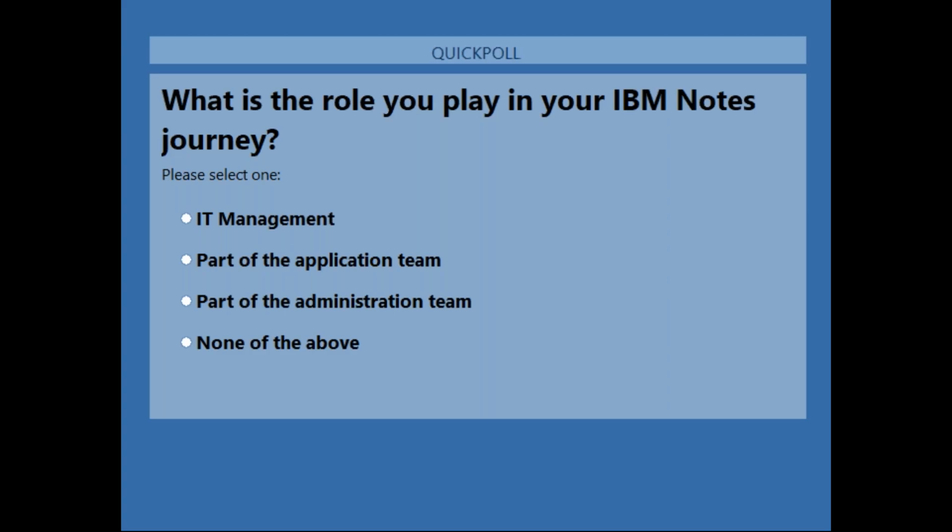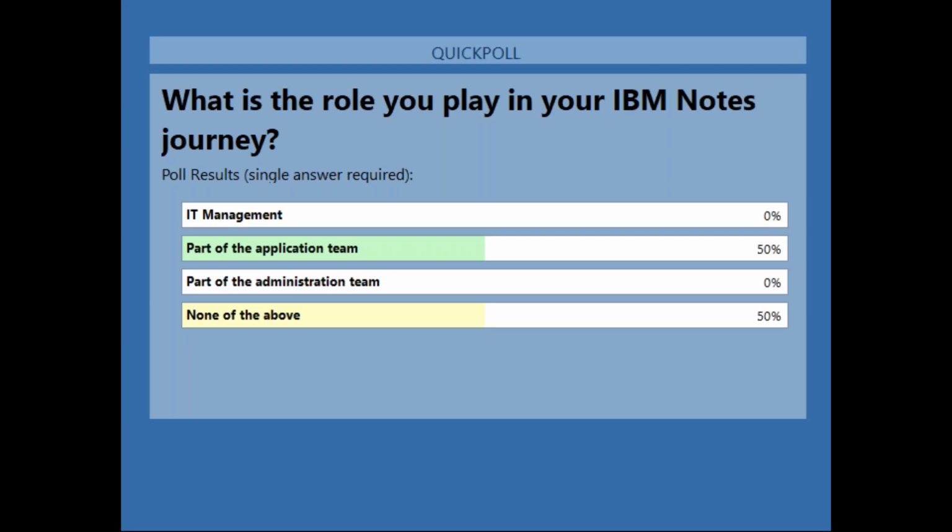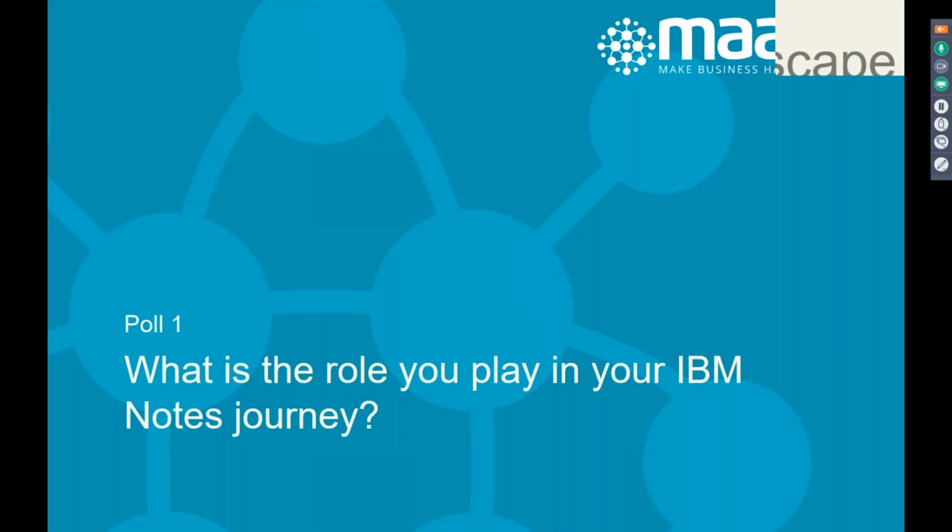It's up to you. Over half of us have already voted. Let's get a few more in, and then we'll share the results. That will also help Rika and Franz gear their presentation towards the majority here. Almost 80% of us have voted, so I will share the results. 50% of the audience is application team, and 50% none of the above. Interesting.